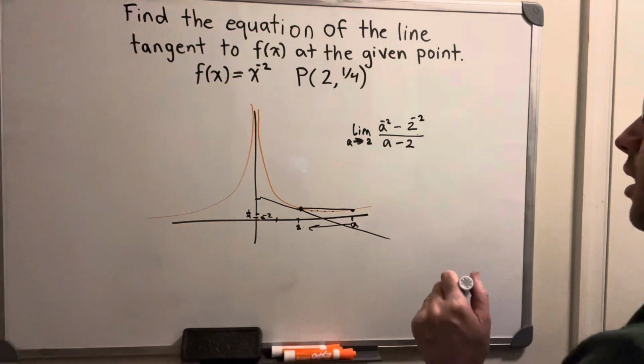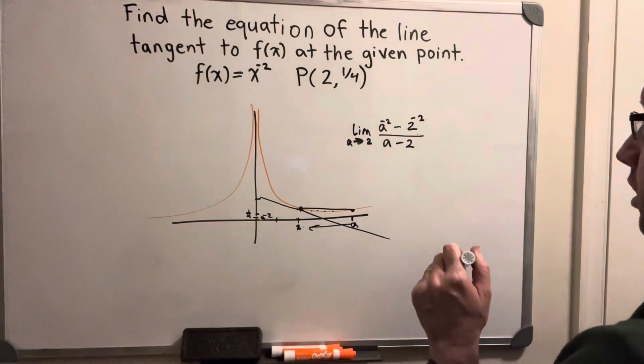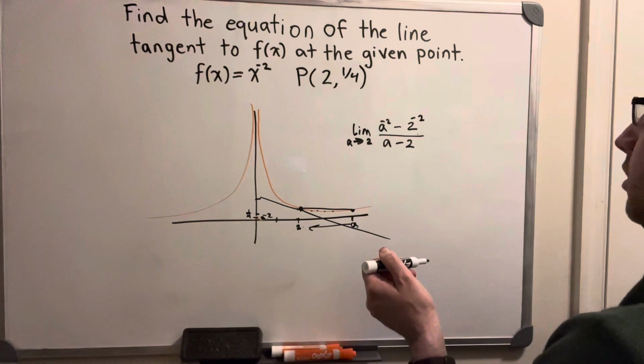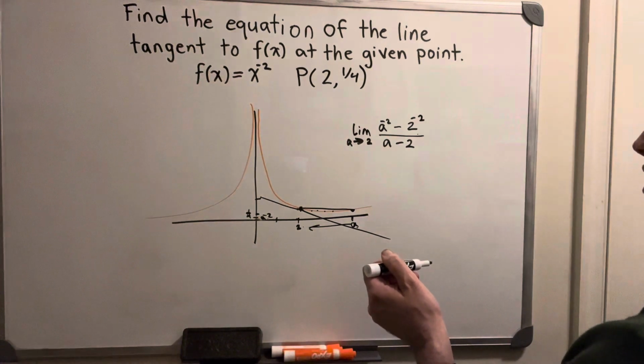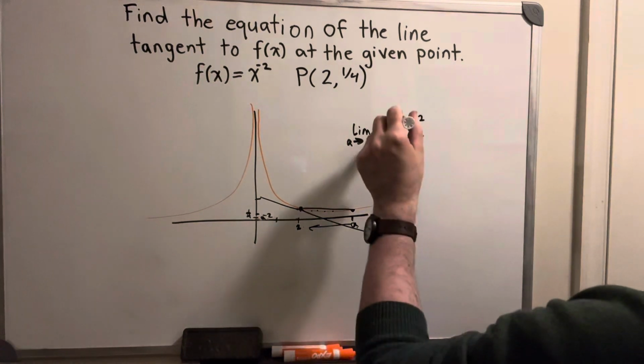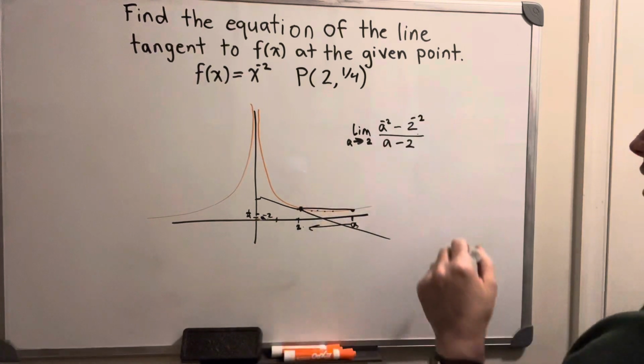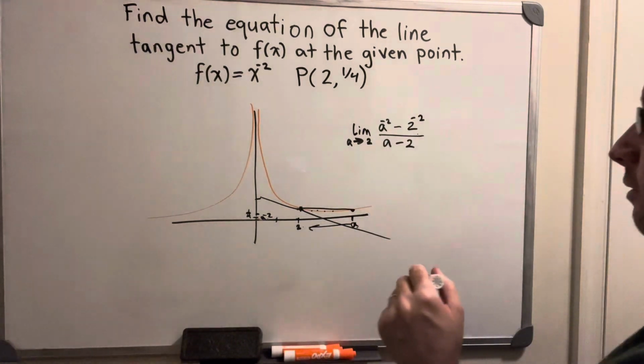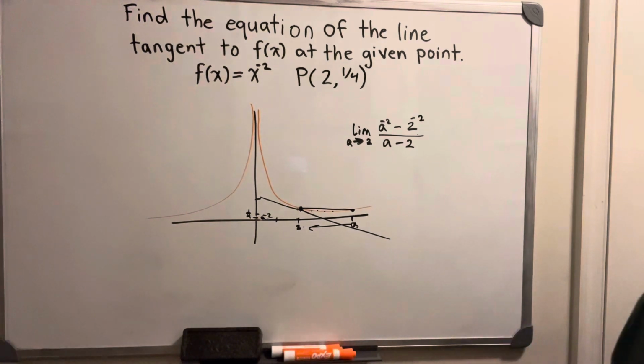Yes. But now what do we do? We don't know an identity for differences of inverse squares. We know a formula for difference of squares. Pause the video and think about this. Have you thought about this for a while?